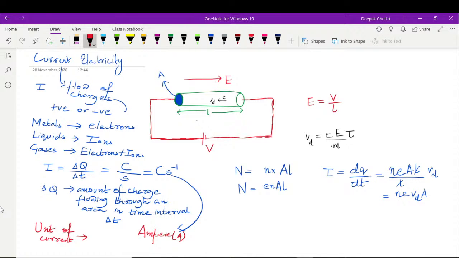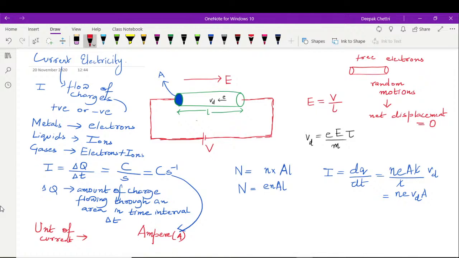Now we also studied on that day that a metal conductor has a large number of free electrons which are constantly moving, but the motion is random, such that the net displacement becomes 0, right.